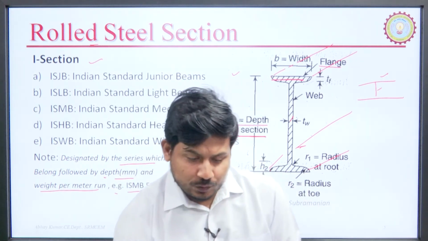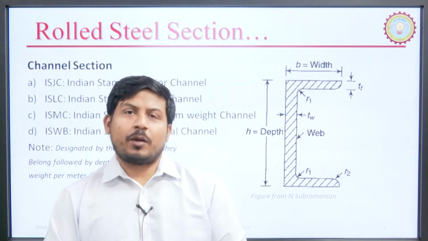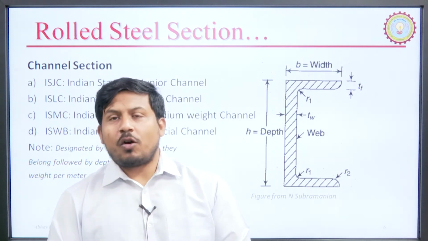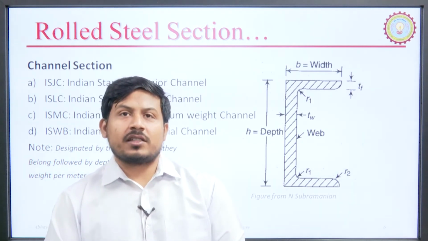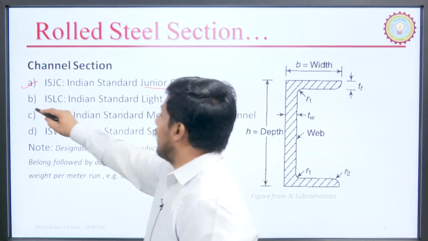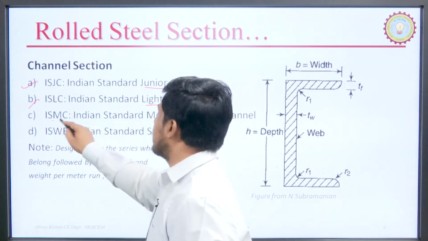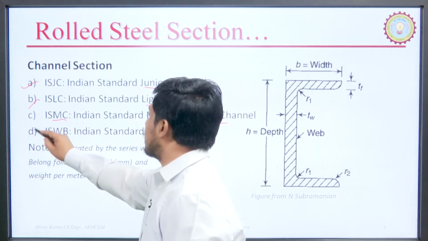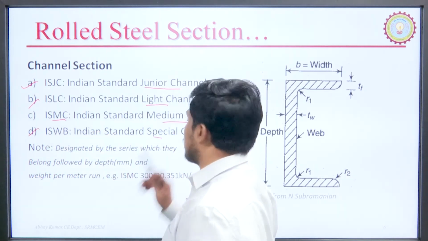Now, let us move forward to another type of section, that is the channel section. It also comes in various series, that is ISJC Indian Standard Junior Channel, Indian Standard Light Channel, ISMC Medium Weight Channel, ISWB Indian Standard Special Channel.